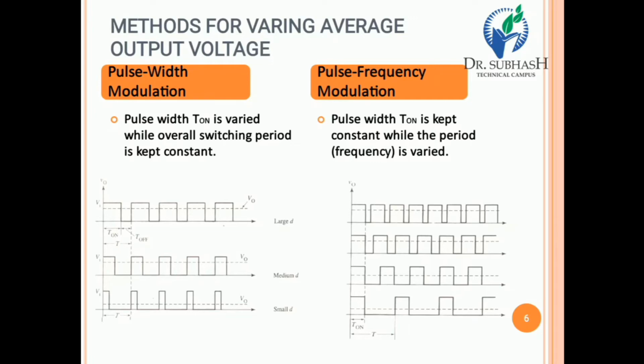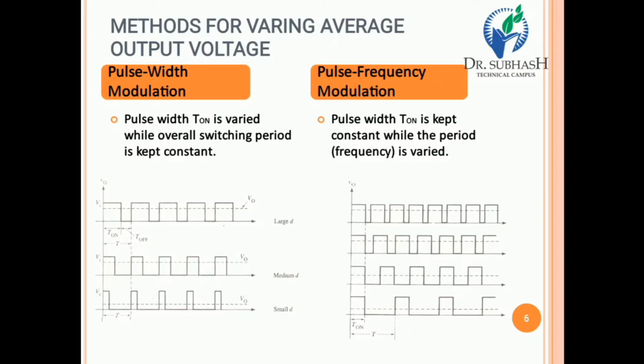Now the total time period T is constant, because in pulse width modulation only the on period is varied while the switching period is constant, and the inverse of the switching period is known as the frequency. In the second case, we decrease the T on period, and in the third case again we decrease the T on period in pulse width modulation.